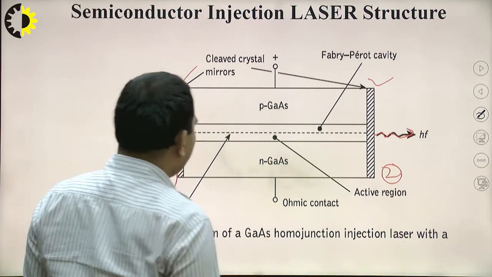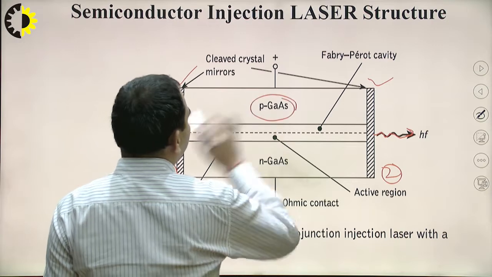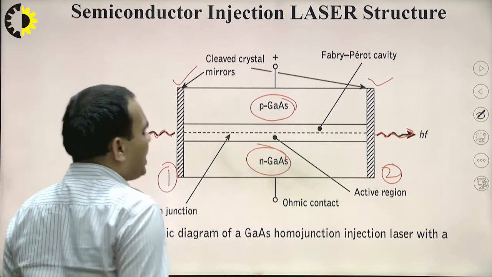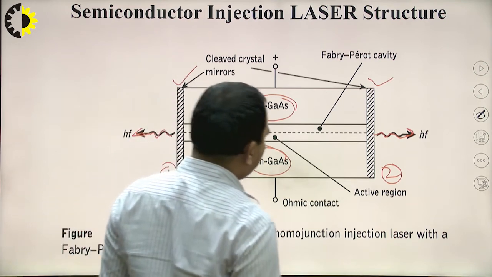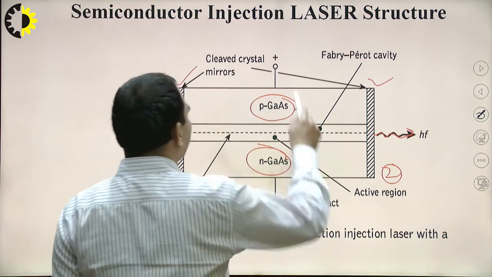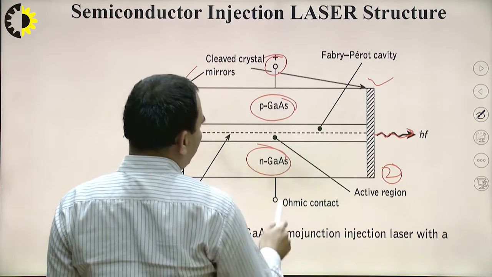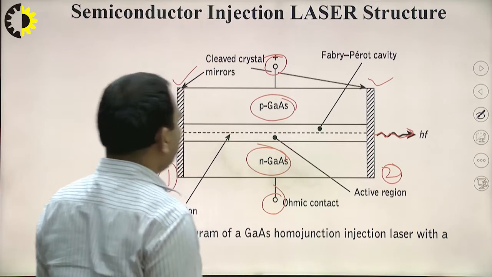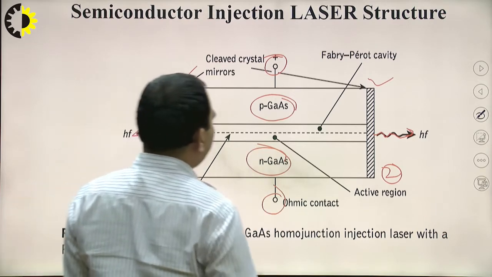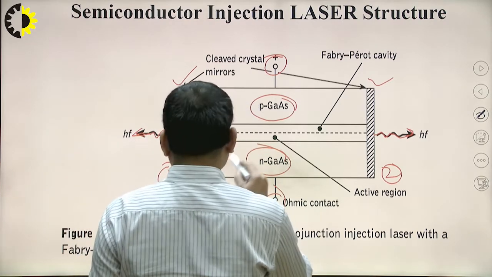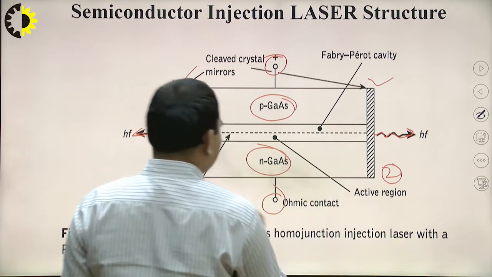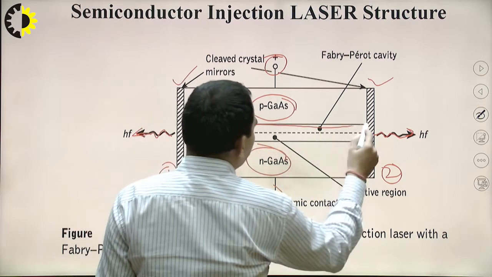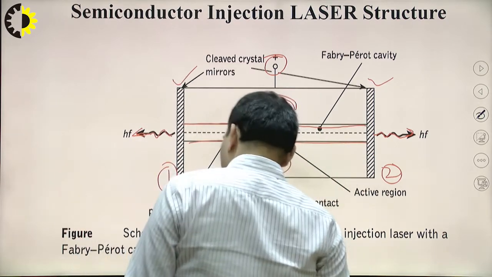On the top we have the p-type gallium arsenide, and at the bottom the n-type gallium arsenide. The ohmic contacts are on the top, which is positive, and at the bottom. We have the active region sandwiched between the p and the n type, where there is a release of energy in the form of photons, and it forms a p-n junction diode.